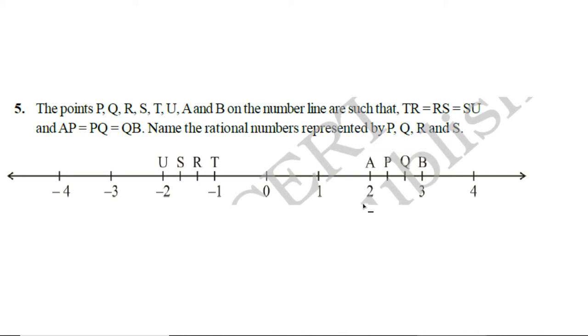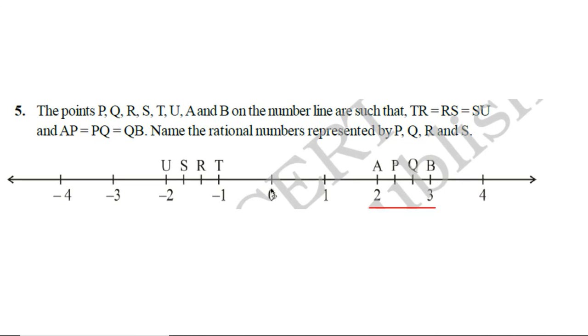Now look here. Here 1, 2, 3, 4 are equidistant or equal distance from 0. Here one division is divided into 3 parts.